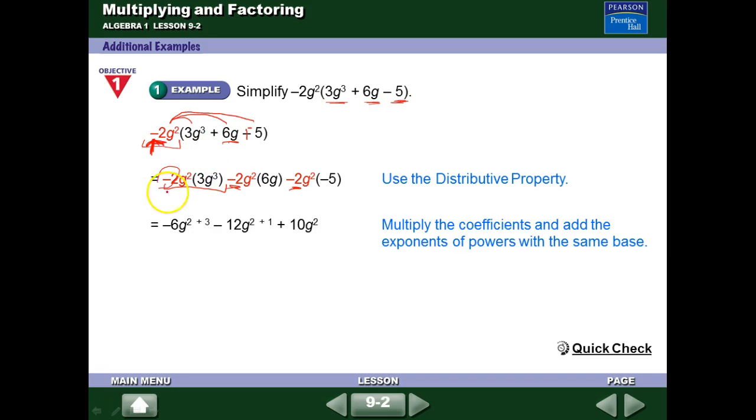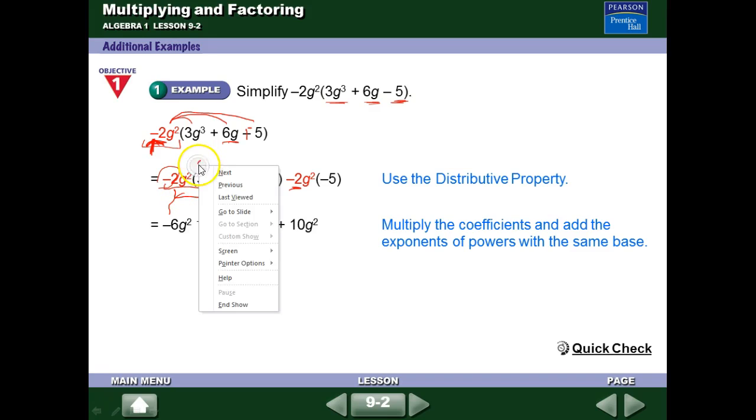So let's continue to simplify. -2g squared times 3g to the third. Well, like terms, -2 times 3 gives you -6. G squared times g cubed, same base. So what do we do with their exponents? We add.